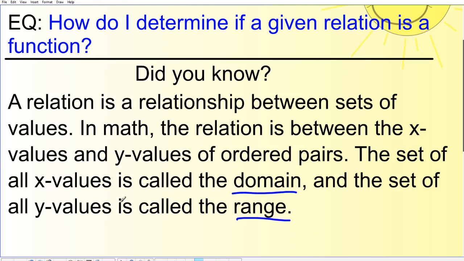And we'll see there's other names, like x values are sometimes called the input variables, and the y values are called the output variables. So these names, x, input, domain, are kind of interchangeable when you're talking about functions. It's just new vocabulary for the same words.